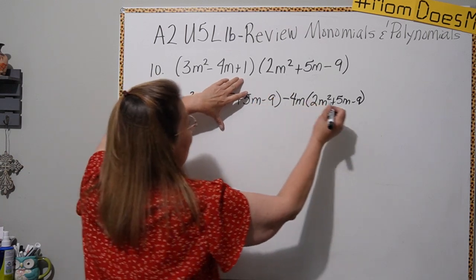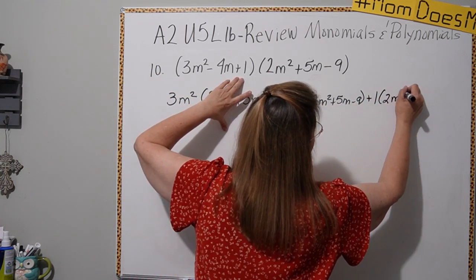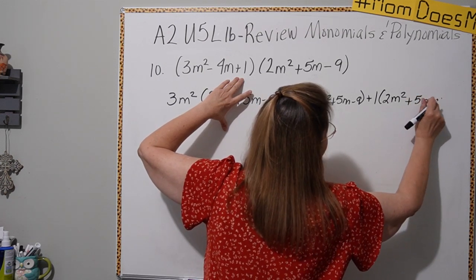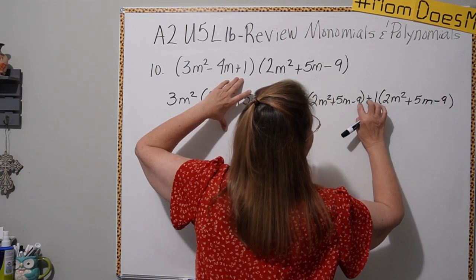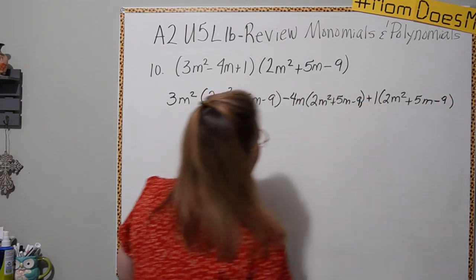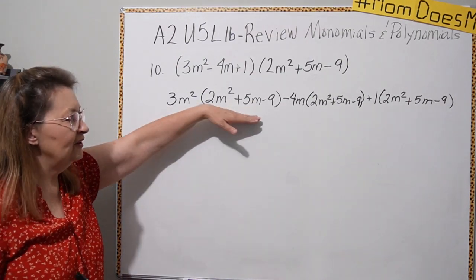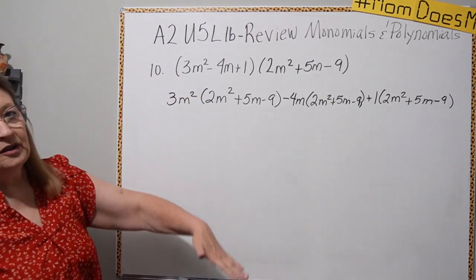And then I take my third term, 9, and I show that it's got to be multiplied once again times that whole second set. Okay, an extra step, yes, but now all I have to do is focus on this, and if I start drawing lines on this one, it's going to make a big mess.